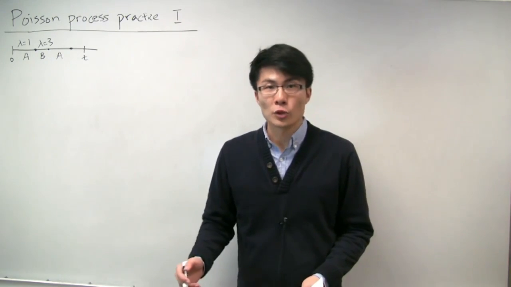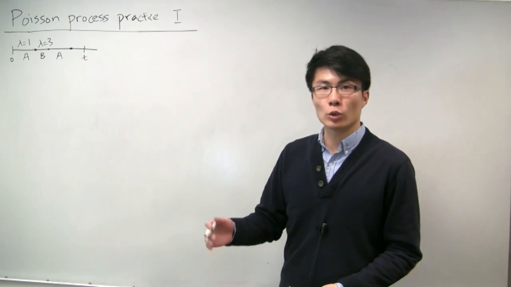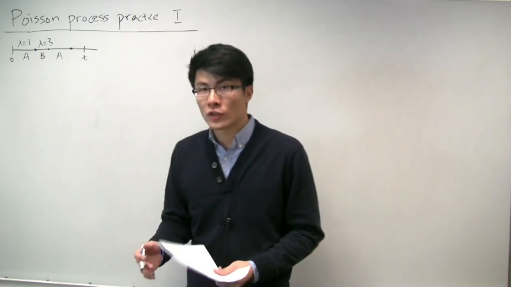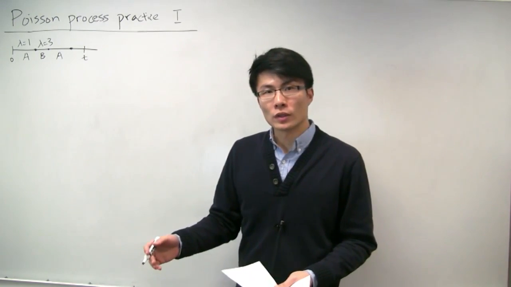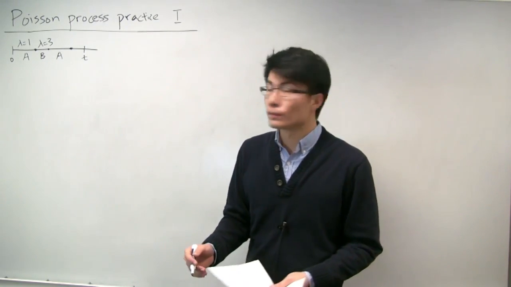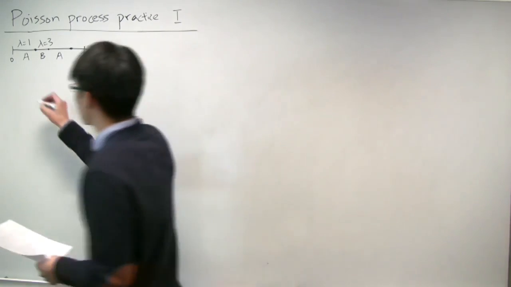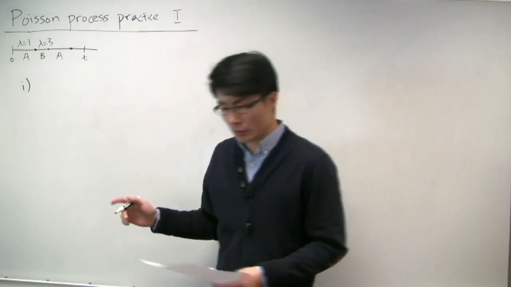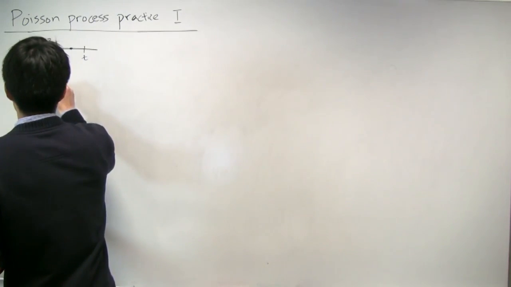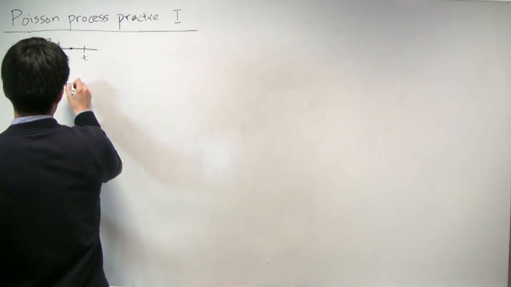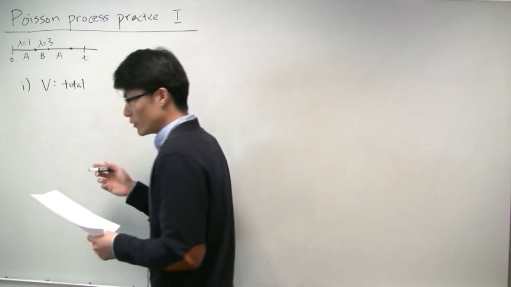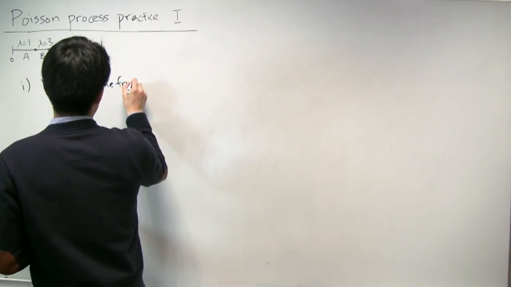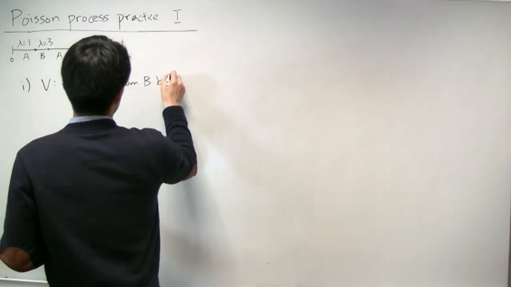In part I, we're told that the process stops after exactly 12 total bulb failures have occurred. And we're asked to find how much of that time was illuminated by type B bulbs. So let's define some random variables. Let's call V the quantity that we actually want to find, the total time from type B bulbs.